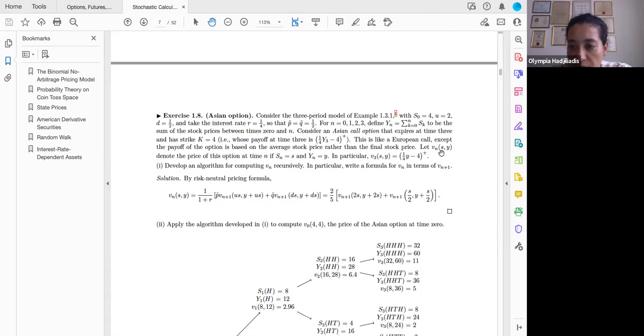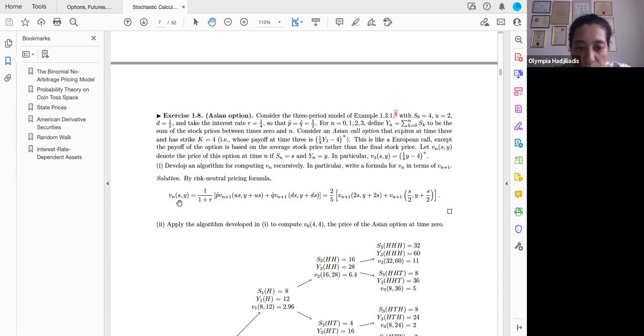So you let Vn(s,y) denote the price of this option at time n, if Sn is equal to little s and Yn is equal to little y. In particular, V3(s,y) is equal to (1/4 y − 4) positive part. So develop an algorithm for computing Vn recursively, in particular, write a formula for Vn in terms of V_{n+1}.